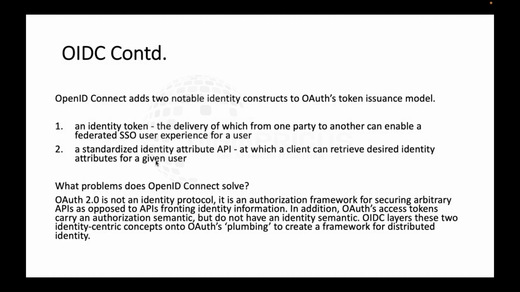So OAuth helps you achieve authorization, and if you bring in OIDC, that helps you achieve authentication also. You can play around a little bit with permissions also, and that helps you achieve both. But primarily, OIDC is your authentication protocol. Okay.